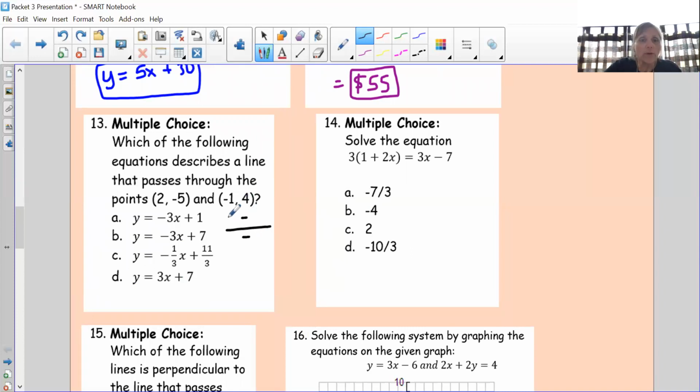I'm going to say y2 minus y1, and then x2 minus x1. So what is that? 4 plus 5 is 9. And if I say -1 minus 2, I get -3, which is -3 if I simplify that.